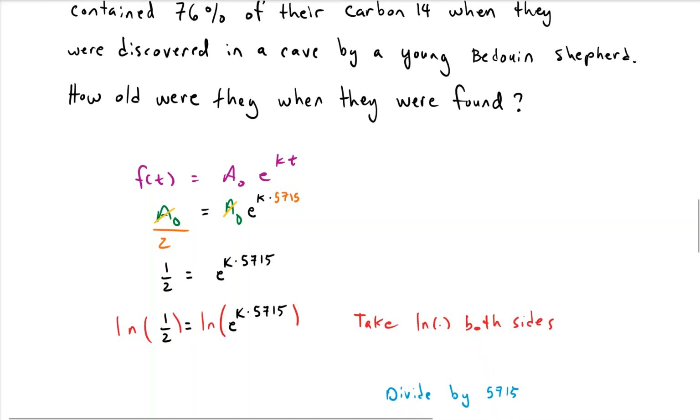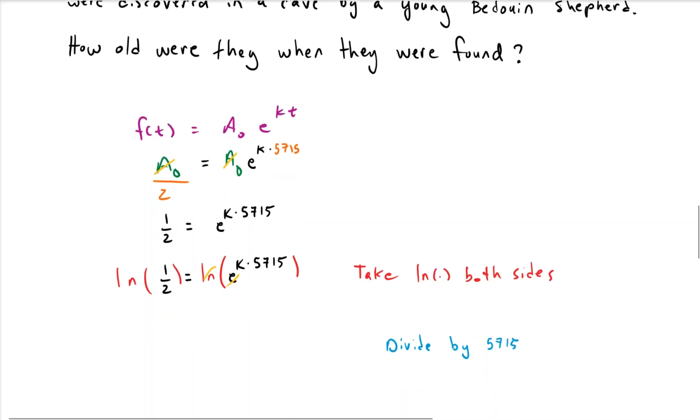So we do that. And when we do that, the e and the ln cancel out, and we are left with ln of 1/2 equals k times 5715.